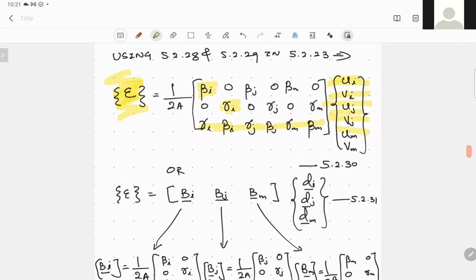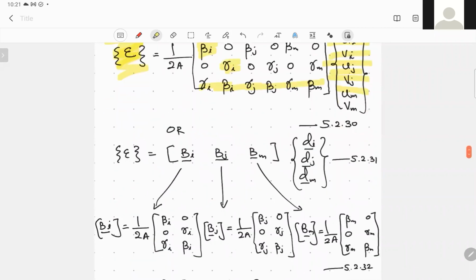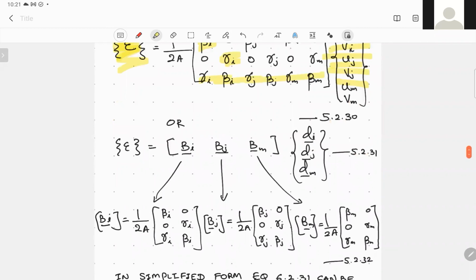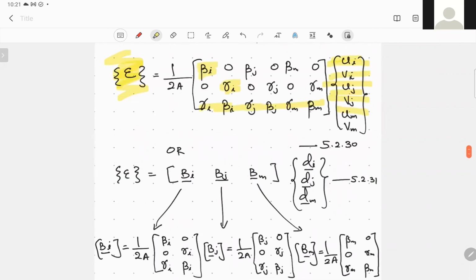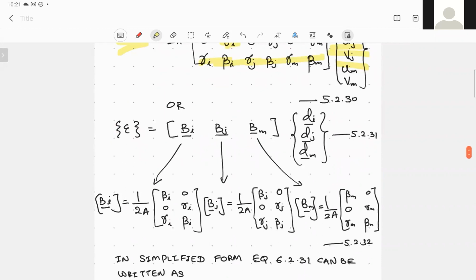What is important to remember is that this strain matrix can be expressed in terms of a so-called B matrix. This is important. When you're solving these problems, you will be given these matrices wherever necessary. You don't have to memorize this.